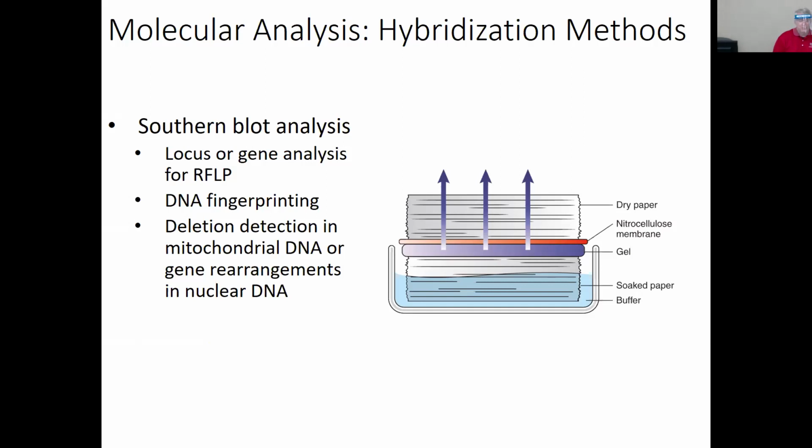You may wonder why it got called Southern blot. You might think they just came up with directions, Western blot, Southern blot, but actually the guy's name was Southern, and it was his technique. So if you're good at science, you get things named after you. This was where we first started doing DNA fingerprinting. So this is how he would do it.